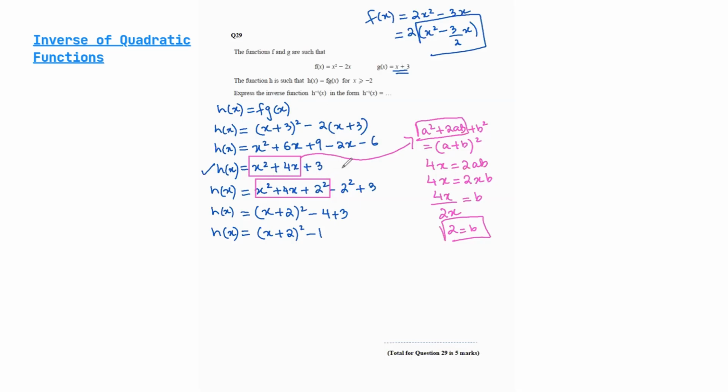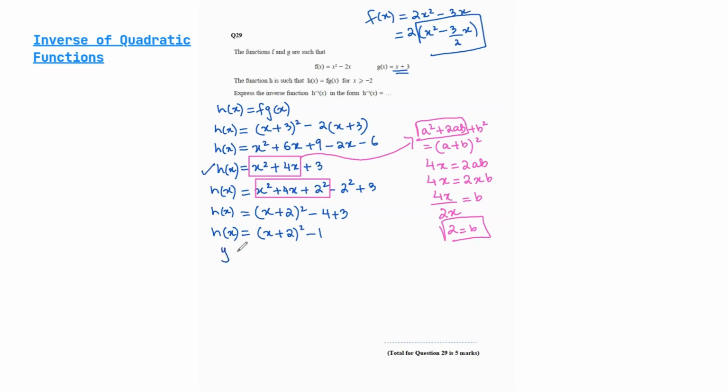In this format, we cannot isolate x on one side. But in this format, as you can see, there's just one x, which means we can easily make it the subject. So the whole reason behind converting the quadratic equation into completing square form is to make sure that there's only one x in the equation. So that it's easier to make it the subject and write the inverse.